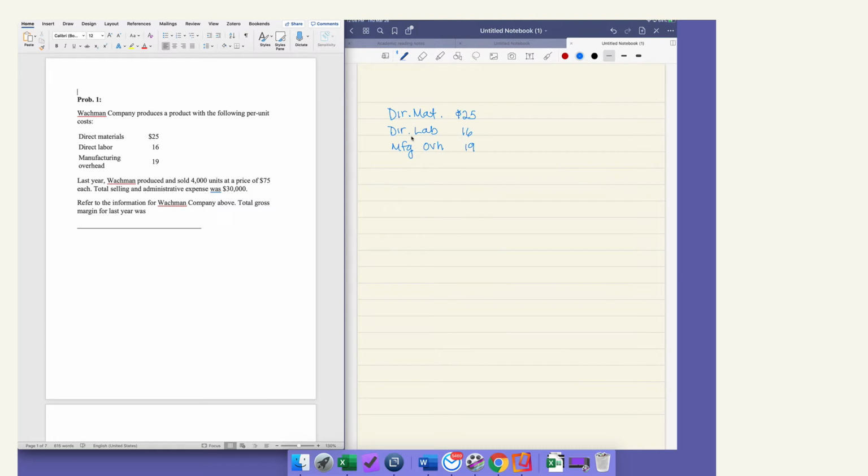I should note that the way you determine overhead per unit is you take your total overhead and divide it by the total number of units that you produce for a period of time, usually a month. That gives you your overhead per unit.